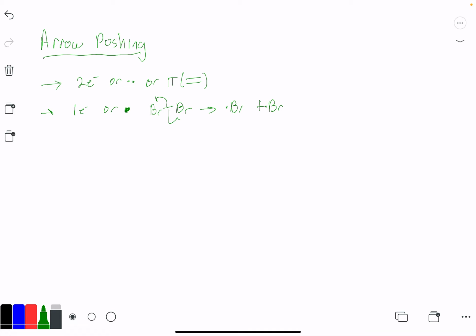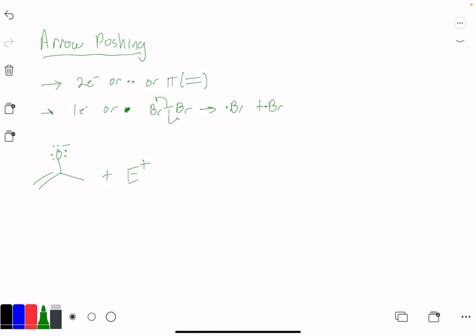So, for an example, let's draw O minus, and let's just say plus some electrophile. Now, put my lone pairs here.